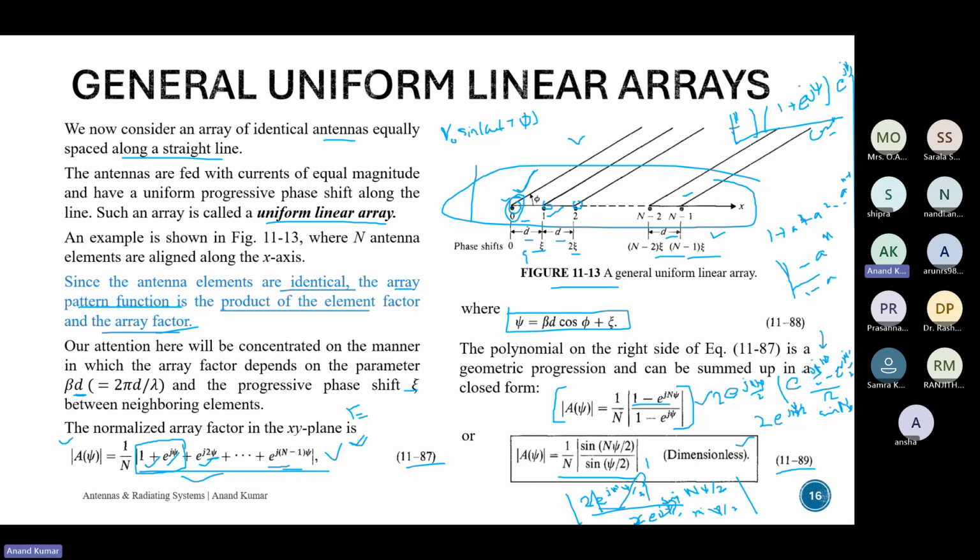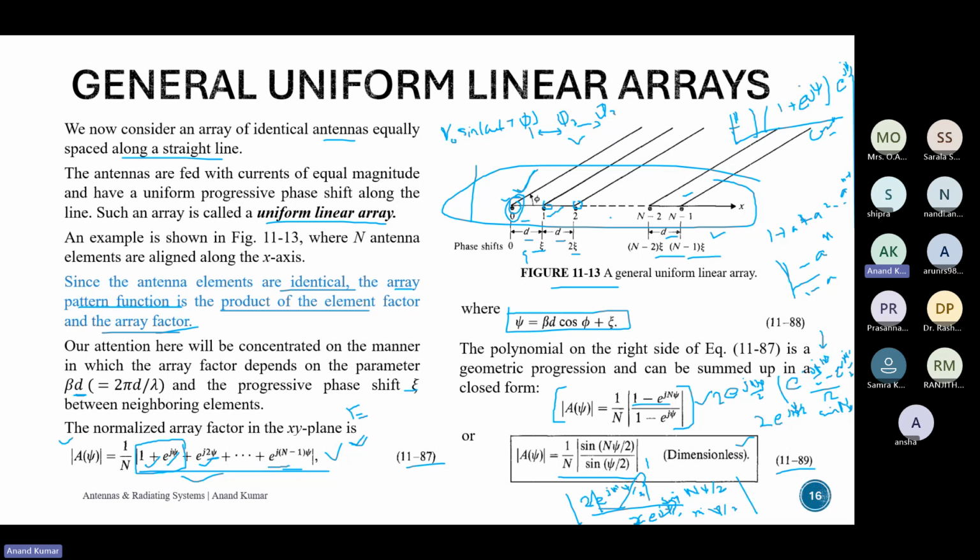The phase for each of them could either be equal, phi for all the elements, or it could be phi 1, phi 2, phi 3 for the different elements. And the difference between these, for example if this is phi 1, then phi 2 would be phi 1 plus xi, phi 3 could be phi 1 plus 2 xi, and similarly.